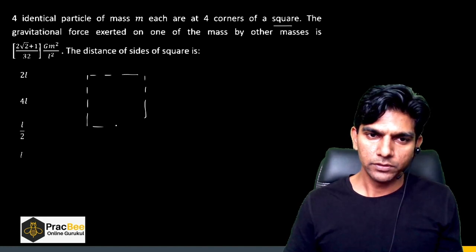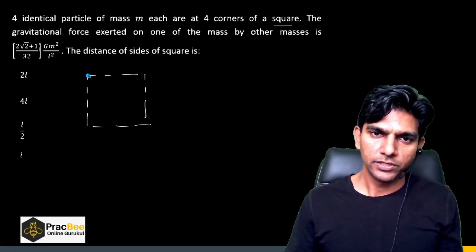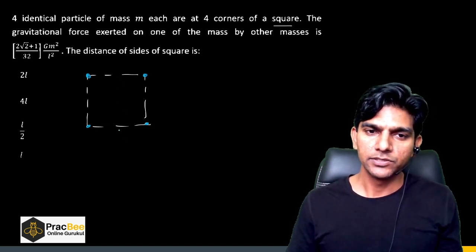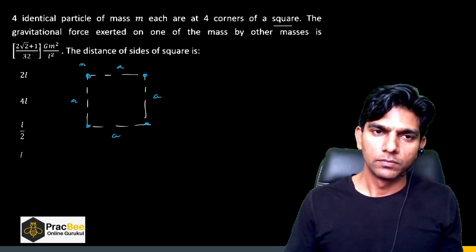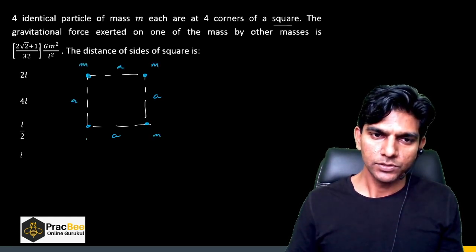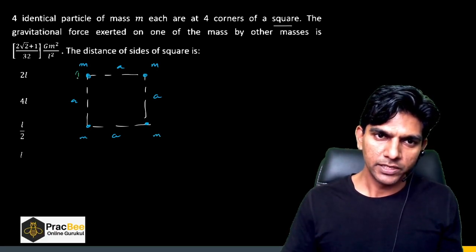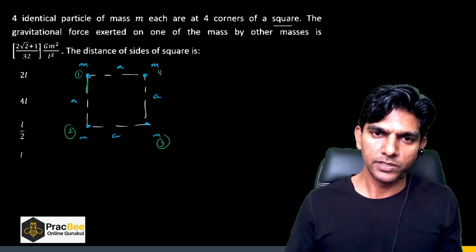So we have four masses which are placed at the vertices of this square, and let us assume the side is a, right? So if I want to find the force, say this is our mass 1, on this mass there will be a force of attraction. Say this is mass 2, this is mass 3, and this is mass 4.